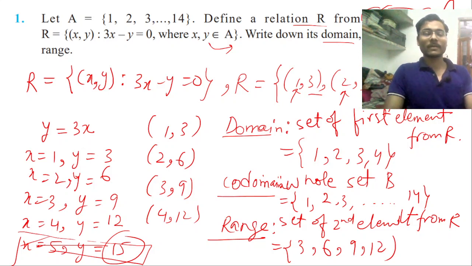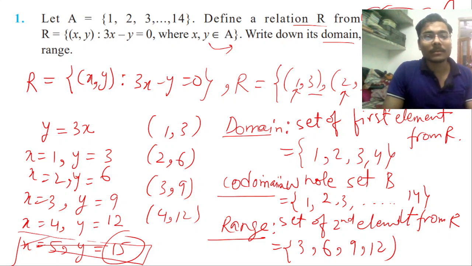In the first question, let me very quickly summarize. We have given a set A which has the natural numbers 1, 2, 3, 4 up to 14, and they have defined a relation in set builder form, and we have to write the elements of that relation in roster form.